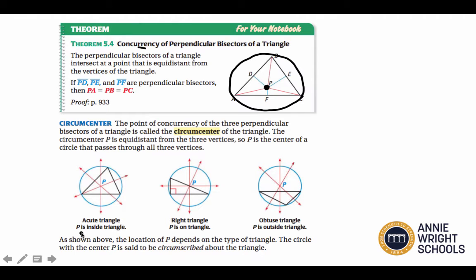If it's an acute triangle, then that circumcenter is in the middle. If it's a right triangle, the circumcenter is actually the midpoint of the hypotenuse. And if it is an obtuse triangle, the circumcenter is actually outside the triangle. But that is called a point of concurrency. And there are 4 points of concurrency, and you just learned the first one.